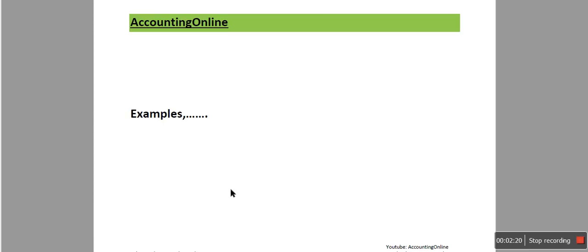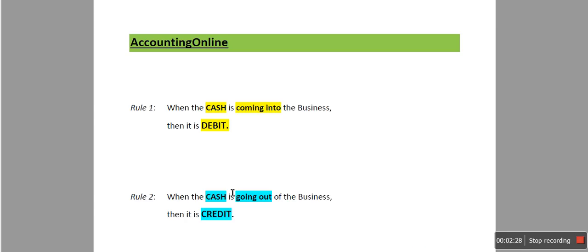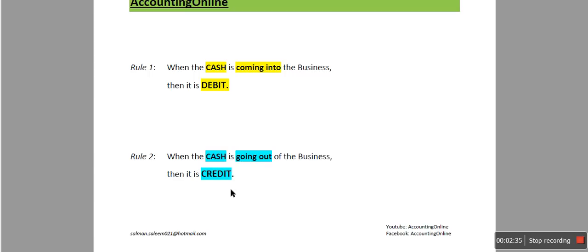We're going to discuss a couple of examples, so you can learn the basic concept in less than 5 minutes. You just need to remember these two rules.